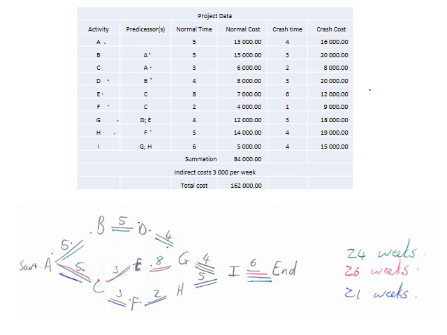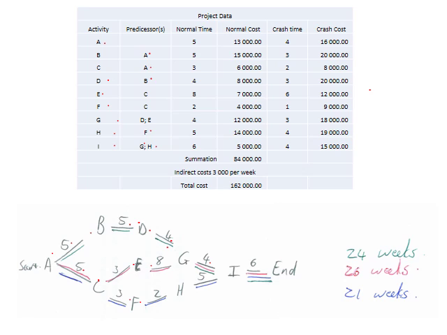Then we've got I, which is preceded by both G and H. Okay, G and H, sorry. Then you just put in the durations there, and it's very straightforward.